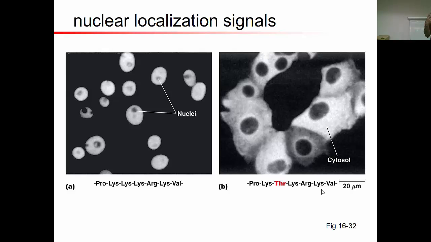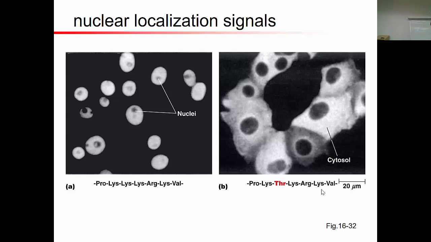We do the same experiment. We modify the gene. It's still a little bit longer, but we've disrupted it by swapping out one of those lysines for a threonine. Okay? And what we see now is that the GFP localizes to the cytosol, and the nuclei are actually blank, dark holes, because the GFP doesn't go in there.